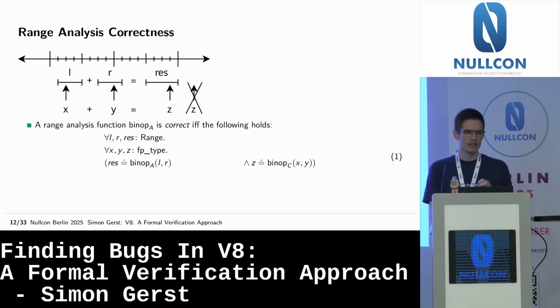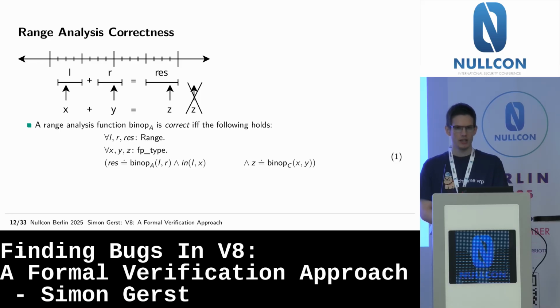For example, with concrete addition, we add x and y and then we get c. If the x value is contained in the left range and the y value is contained in the right range, then it has to always hold that the result is actually in the result range. Because if it's outside the result range, then we have a bug.